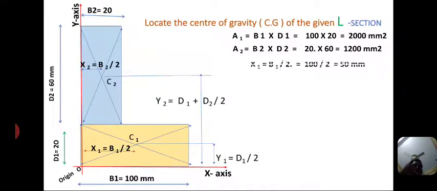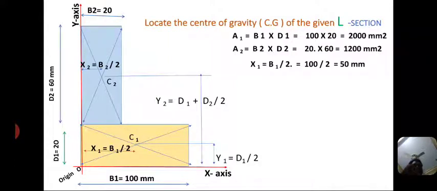x1 equal to half of the base. The center of gravity of a parallelogram or rectangle is at the point where its diagonals meet each other.